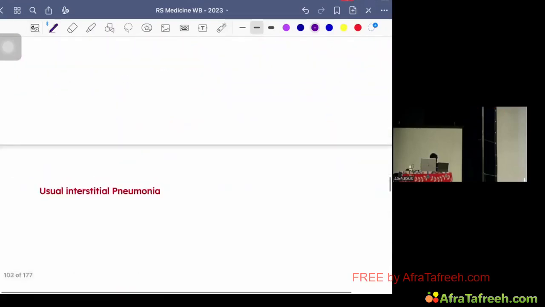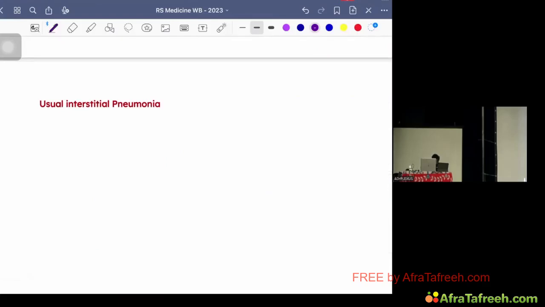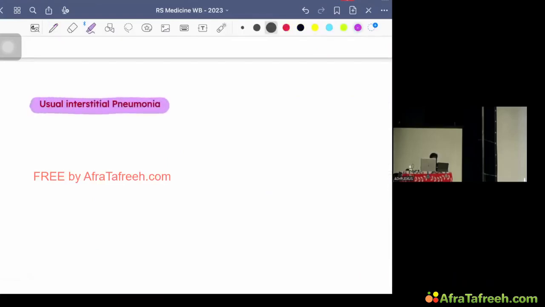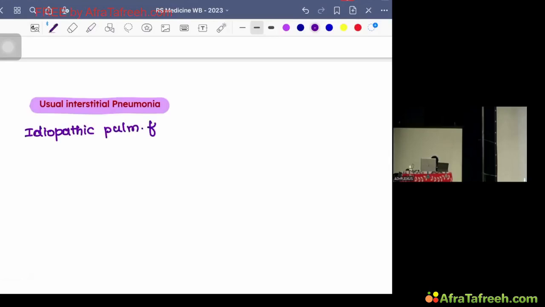Coming to the first disease here, the first disease is going to be usual interstitial pneumonia. This usual interstitial pneumonia is also called idiopathic pulmonary fibrosis. This is the most common interstitial lung disease.